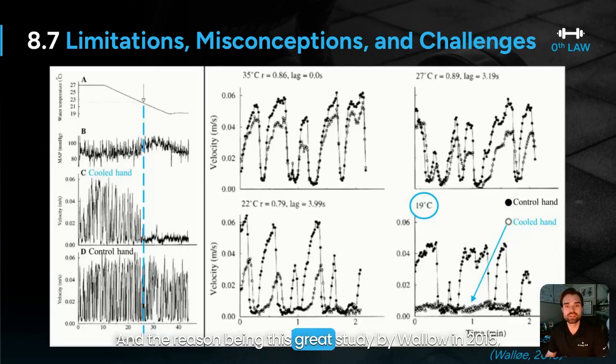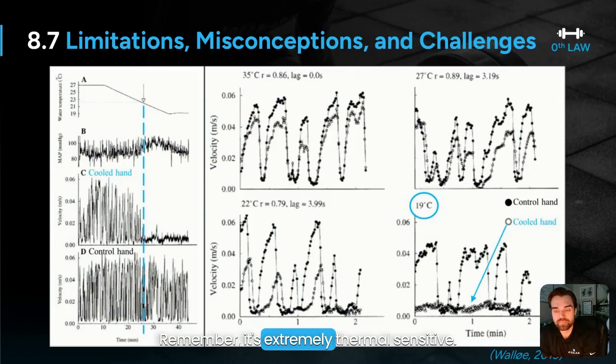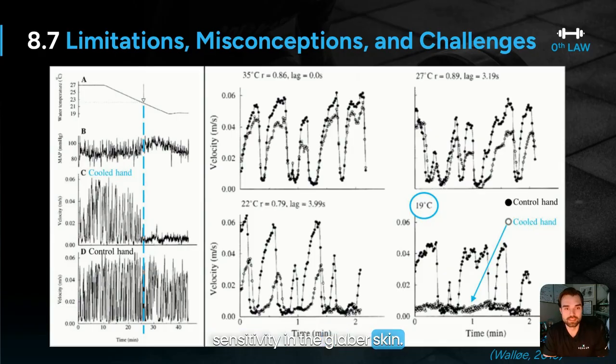And the reason being this great study by Wallow in 2015. The body will vasoconstrict. Remember, it's extremely thermal sensitive. There's a high rate of thermal sensitivity in the glabrous skin. So in this study by Wallow, he had participants put one hand in control water, which was fairly warm, I believe, and then their other hand into water of varying temperatures, the cooled hand.